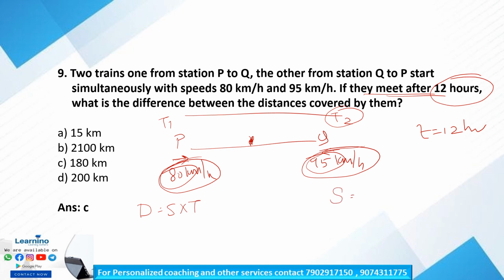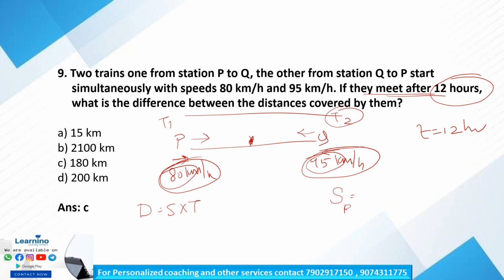Speed will be the relative speed because they are traveling in opposite directions. The speeds are 80 km per hour and 95 km per hour. If they are traveling in opposite directions, the relative speed has to be subtracted.